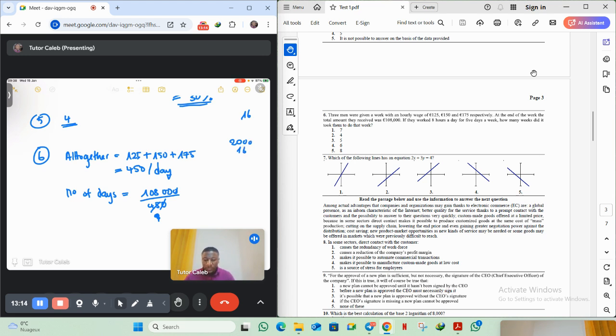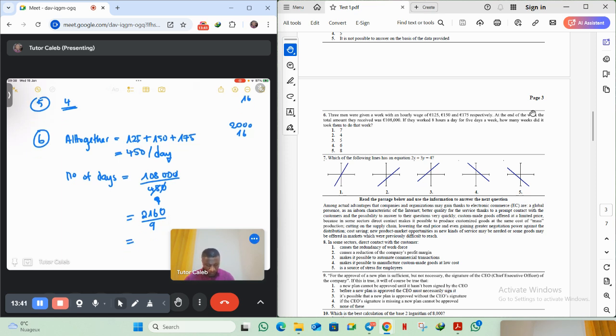That'll be around 2016. So that'll give you 21,600 divided by 9. So we have 3 goes here 3, 3 goes here 7, 3 goes here 2. So that will give us 24. That's around 240.